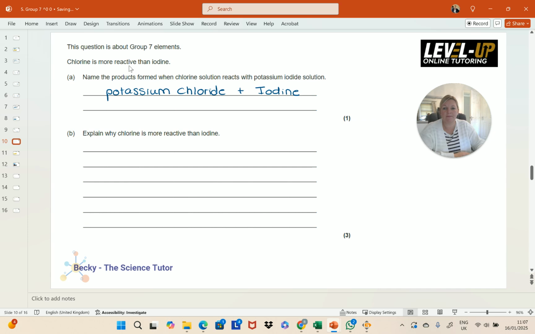And now we need to explain why. So first marking point. So why is chlorine more reactive? This is the flip of what we said earlier. So chlorine's outer shell, or chlorine's outer electrons, is closer to the nucleus.